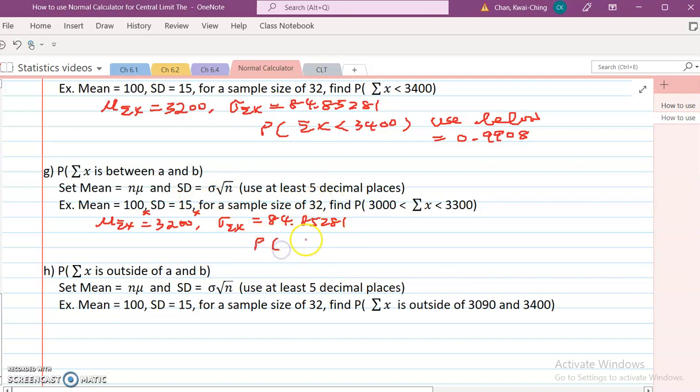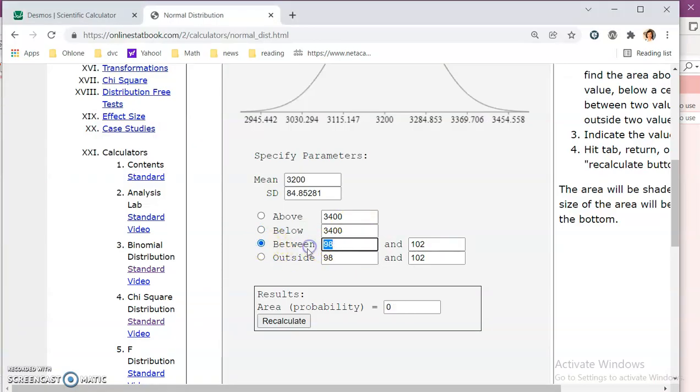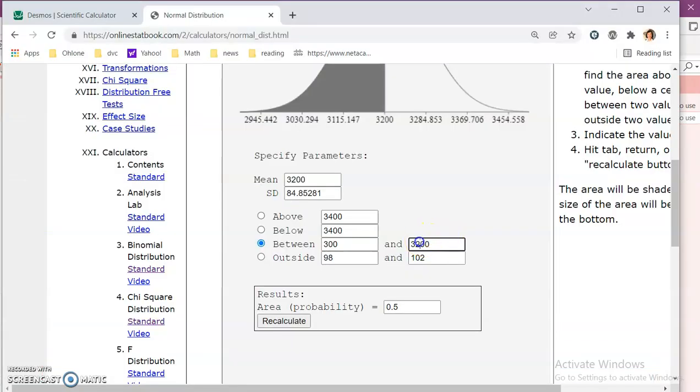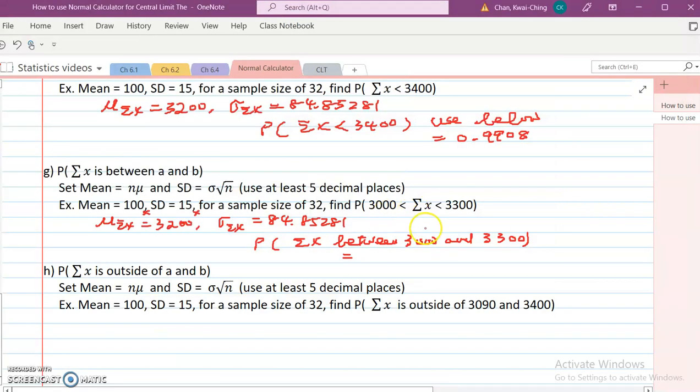For sum of x between two numbers, 3,000 and 3,300, we'll use between. Oops, it's good to check the graph. So 3,000 to 3,300, we calculate 0.8715.